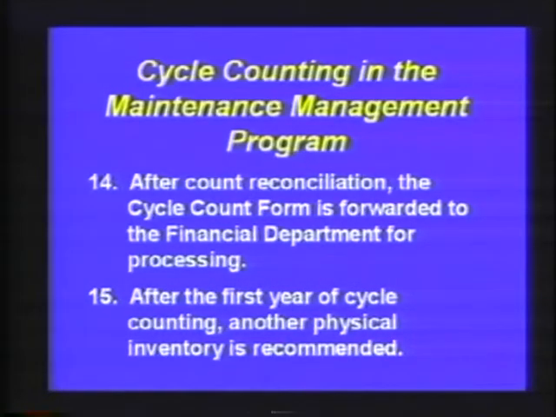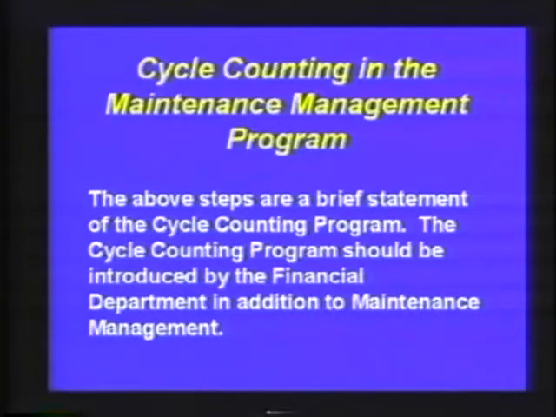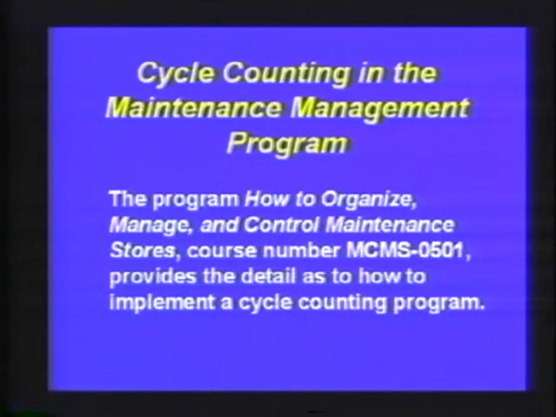You should be close to 100% accuracy, no matter if an item is an A, B, or a C item. The second paragraph from the bottom merely illustrates that the above steps are statements of the cycle counting program, and the cycle counting program should be introduced to the financial department in addition to maintenance management, and I've indicated that before.